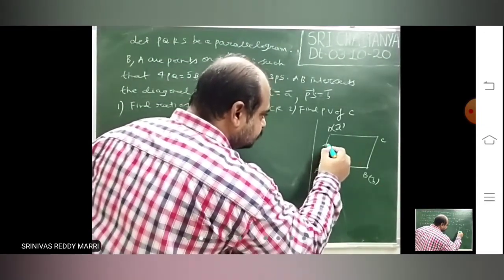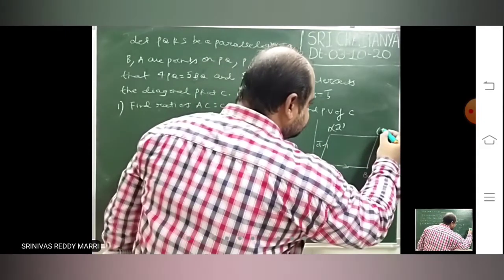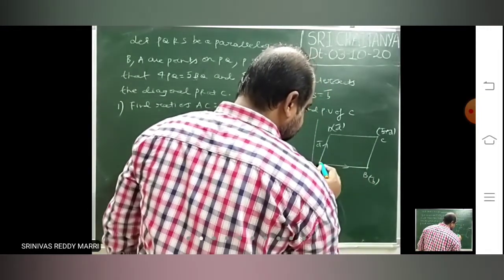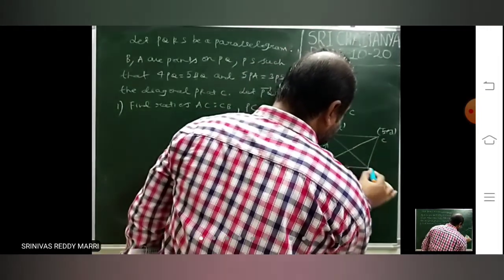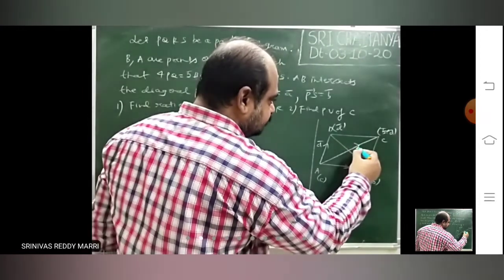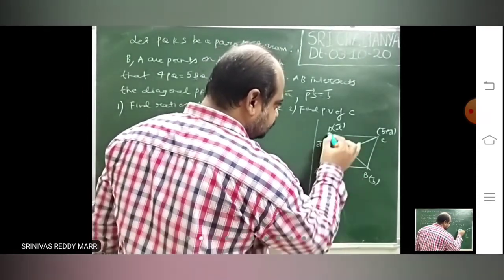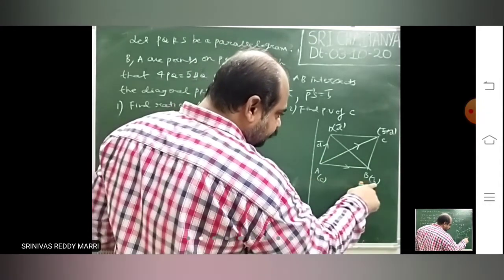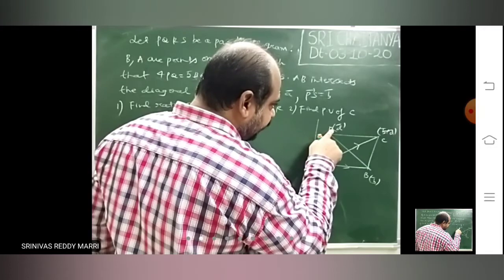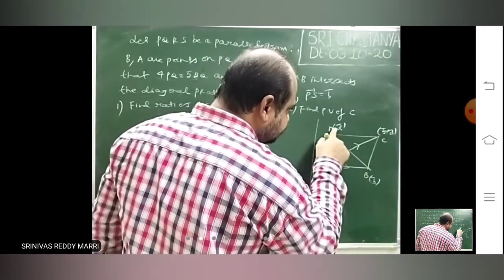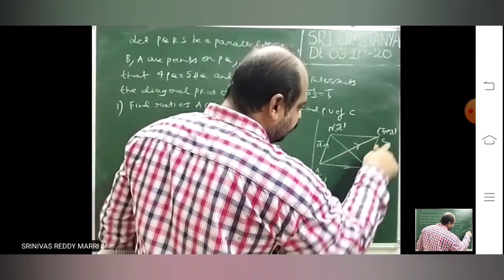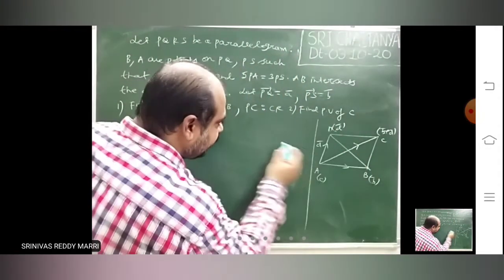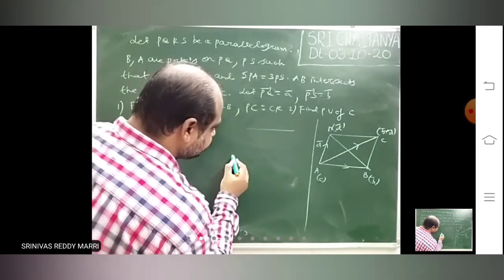Then obviously this point will be B bar plus D bar, because the diagonal is nothing but this plus this. That means whenever in a parallelogram you take this as origin and take some vectors along the sides, the diagonal vector is the sum of these two. No need to take again C bar. Now look at our problem. This is standard one.